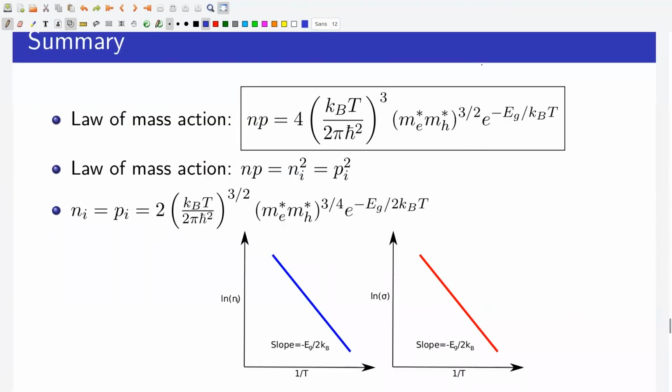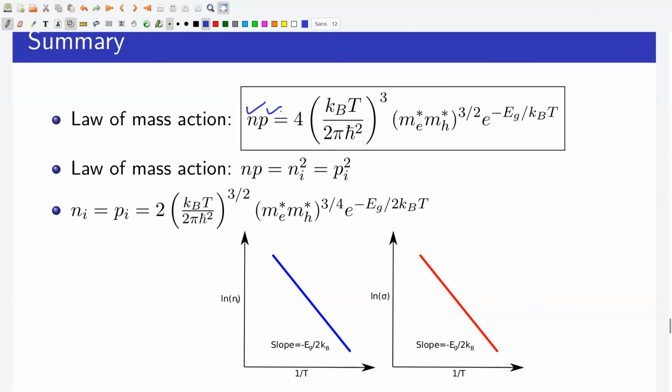Let me summarize the most important points discussed in this lecture. Law of mass action is a relation between the concentration of electrons and holes in a semiconductor under thermal equilibrium. Note that n is the electron concentration and p is the hole concentration. This expression is true for a pure or intrinsic as well as an impure or extrinsic semiconductor.